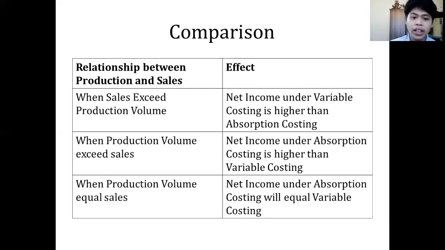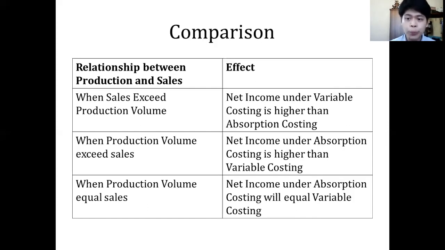Let's now go to the second part. The second part is when production volume exceeds sales. This is the reverse: what you produced is greater than your sales. The effect will be that net income under absorption costing is higher than variable costing. Why? Because remember, if what we produced cannot be sold, we put it in ending inventory.